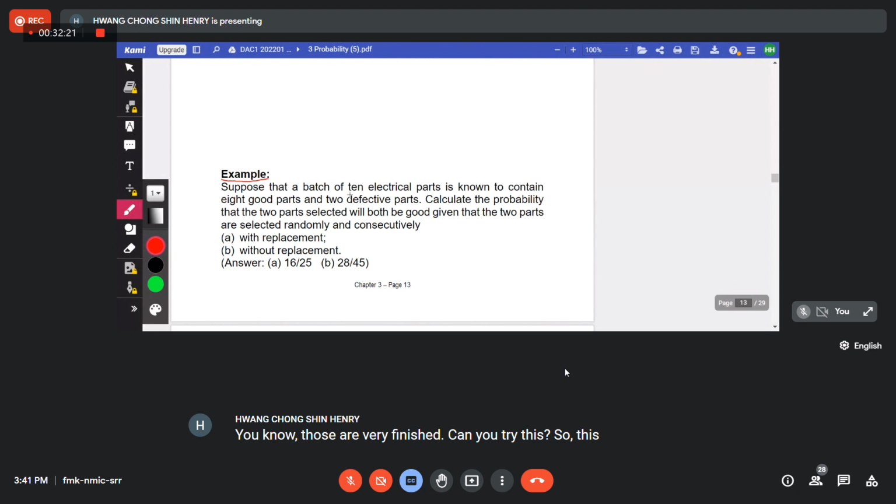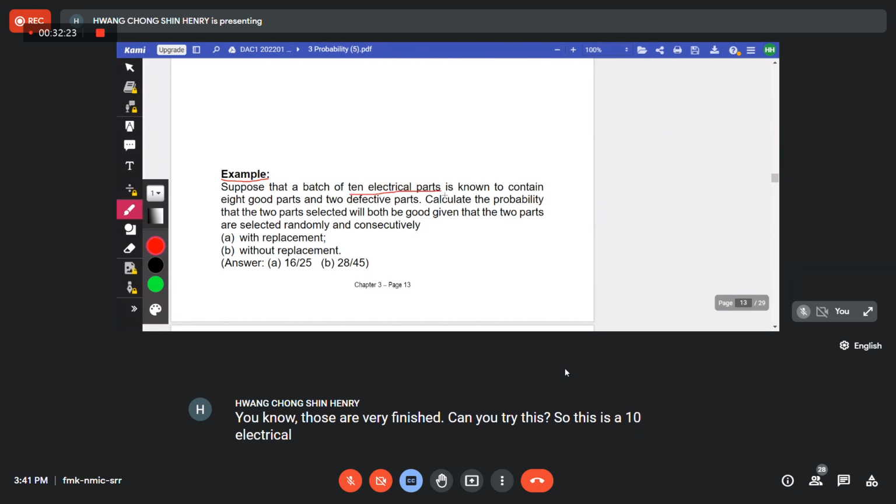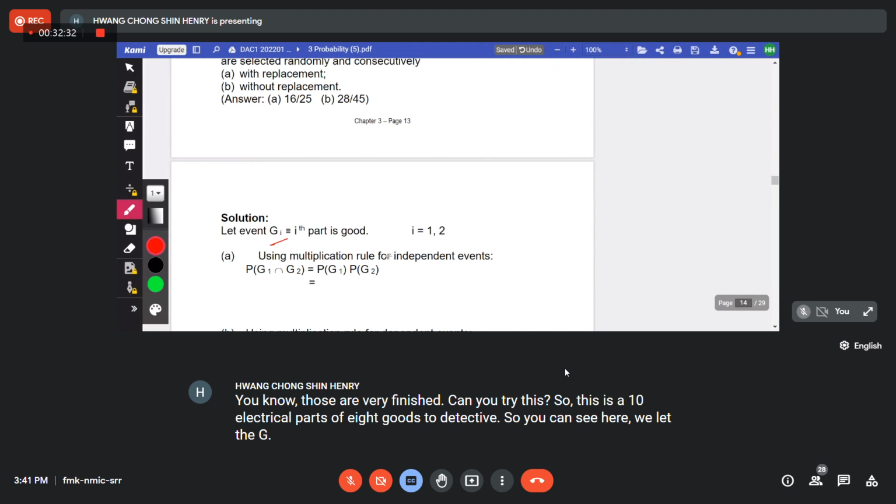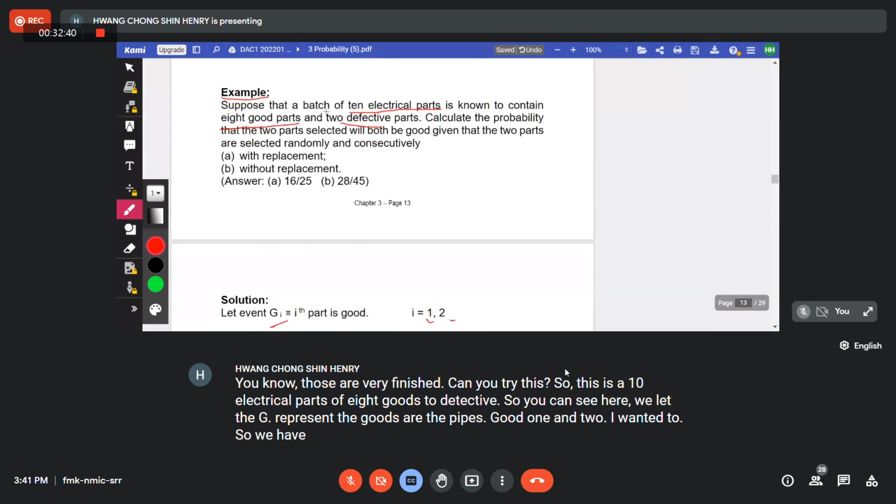So this is 10 electrical parts, 8 good, 2 defective. So you can see here, we let G represent the part is good, G1 and G2. So we have 8 good and 2 defective out of 10.